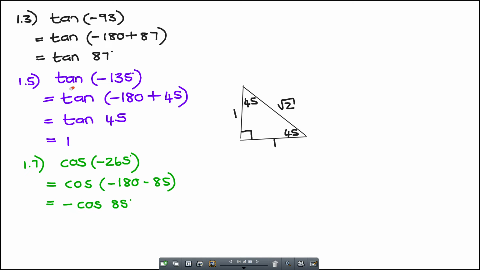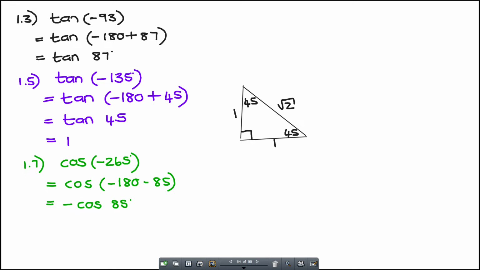Okay, nou by 1.5, daai minus 135, dit is dieselfde as when I say minus 180 plus 45. Now the minus 180 plus places me in the third quadrant, and tan is positive there, so that's why it becomes tan 45. Nou jy kon daar ook verder gegaan het, as jy wou en gesê tan 45, kon ons mos 'n spesiale driehoekie gebruik het. And tan is opposite over adjacent, meaning 1/1, en dit gee nog steeds net vir my 1.